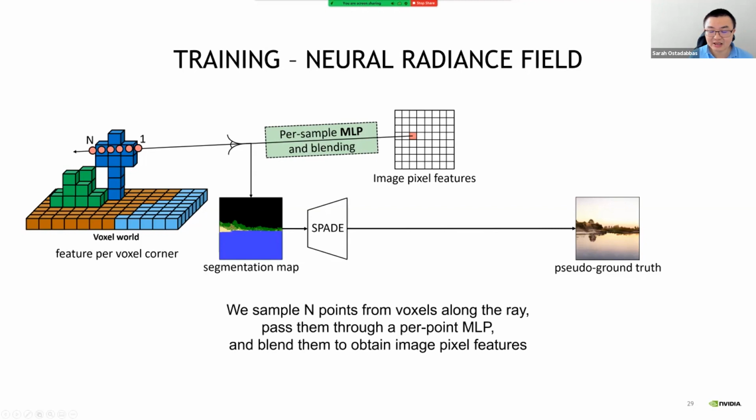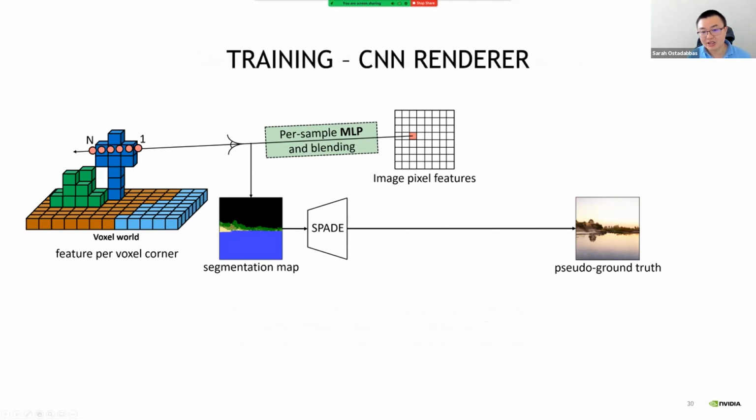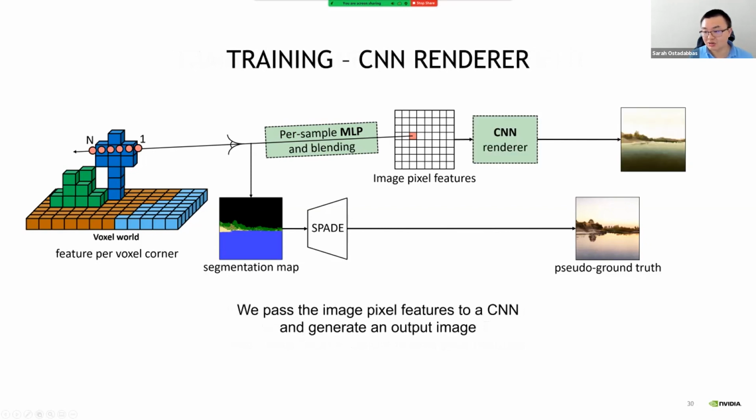Instead of directly computing the color, we get a feature. And with this 2D feature map, we use a convolutional neural network to convert it to a real image.